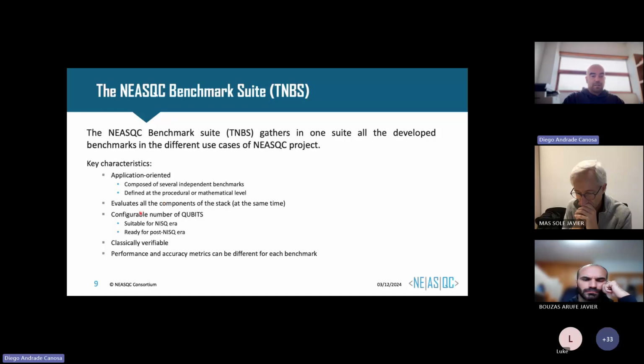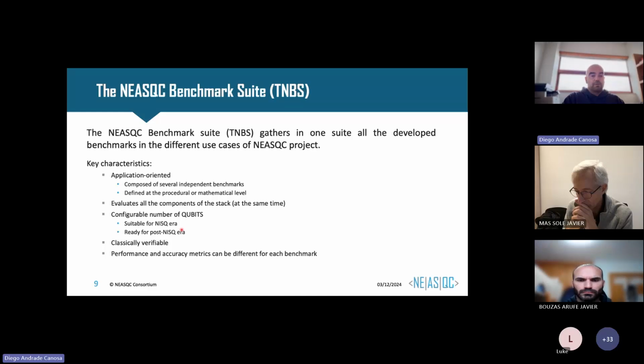All the benchmarks can be configured for a wide range of number of qubits. So this is suitable for this era because we can define every benchmark, for instance, for 4 qubits, and also we can extend the benchmark case to use, for instance, 1,000 qubits.